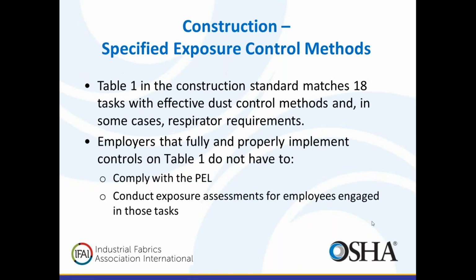Anyhow, in construction, if you take a look at the rules, they have Table 1 that matches 18 different specific tasks with effective dust control methods and sometimes respirator requirements. What they have done in this table is that they have gone out and sampled.